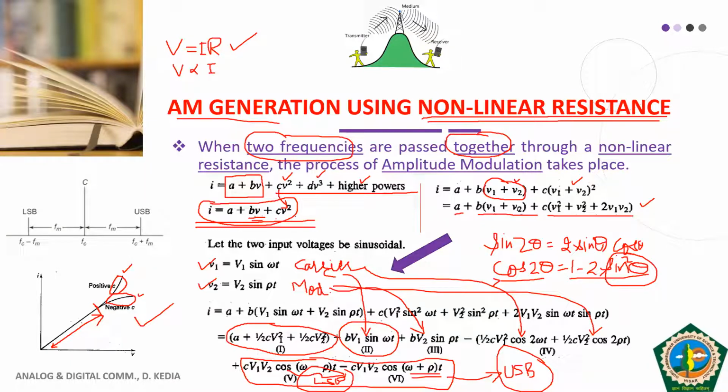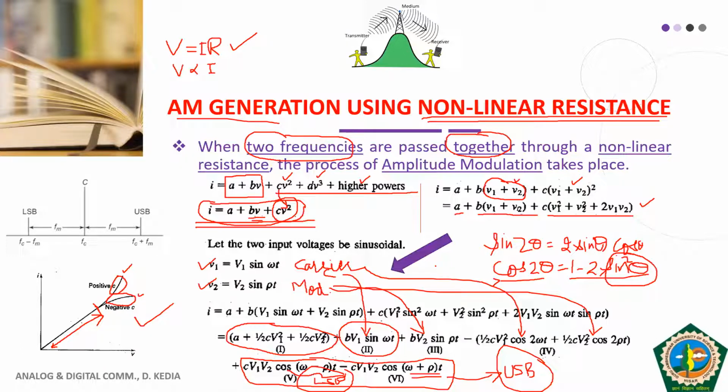If you remember in the previous slide, we had talked about multiplication of your carrier and modulating signal. Now here, what we have tried, using the second order term in the form of non-linearity of the resistance, is to generate AM. So this is how we generate your AM signal using your non-linear resistance.